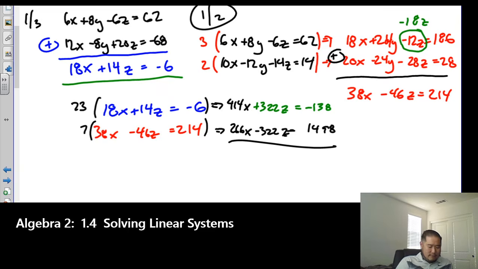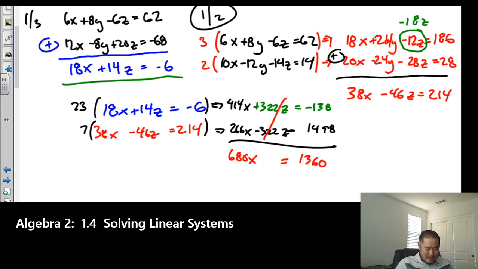Let's add things up. 414 plus 266, we get 680x. The z's cancel out. We got negative 138. We need to add 1498 to that. And we get ourselves 1,360.